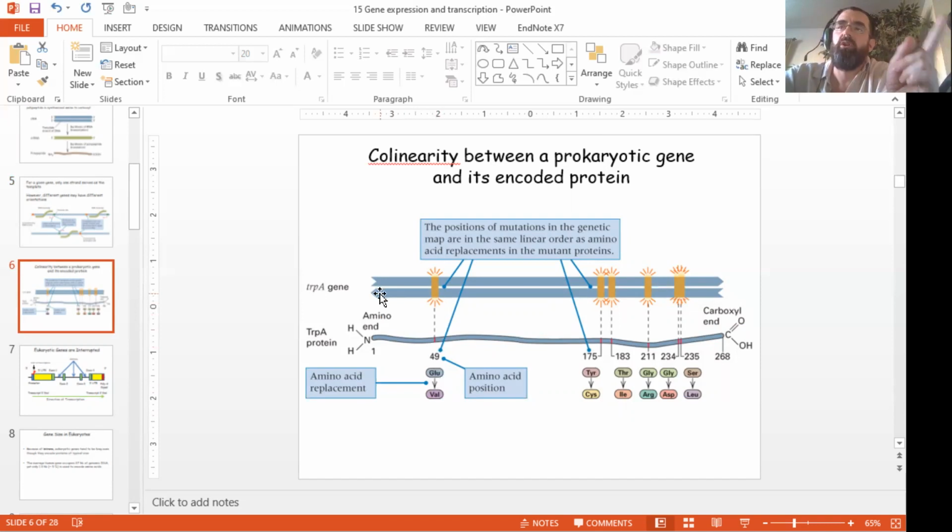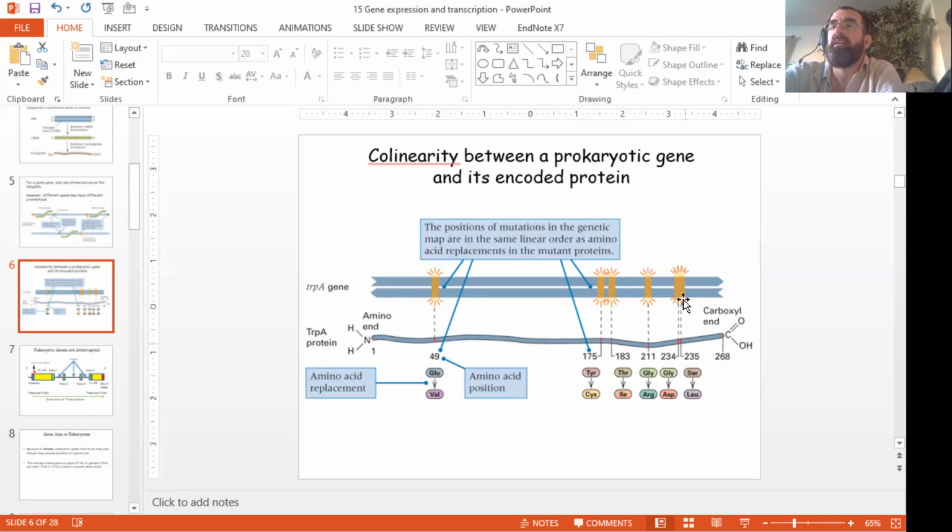As you go along, the gene might be that long, and the polypeptide will be that long. So there is absolute collinearity between a prokaryotic gene, prokaryotic mRNA, which is transcribed from that gene, and a prokaryotic protein, which is translated from that mRNA.